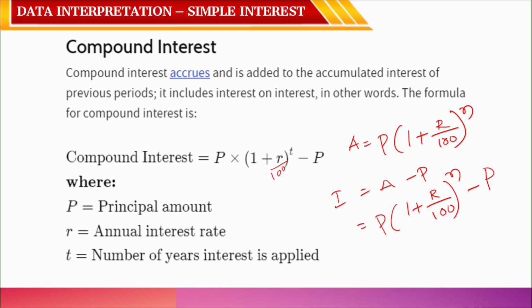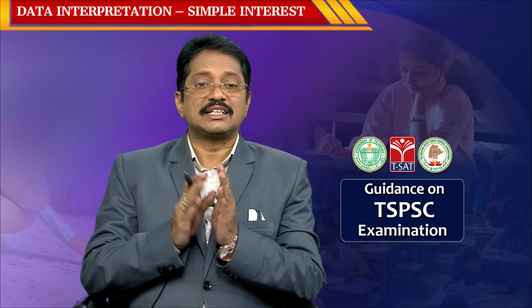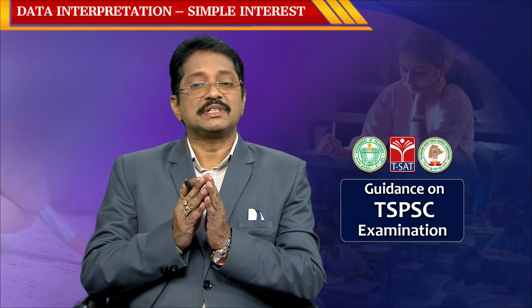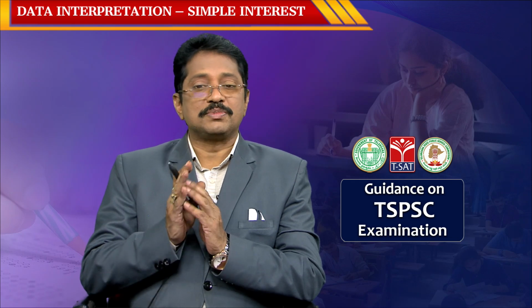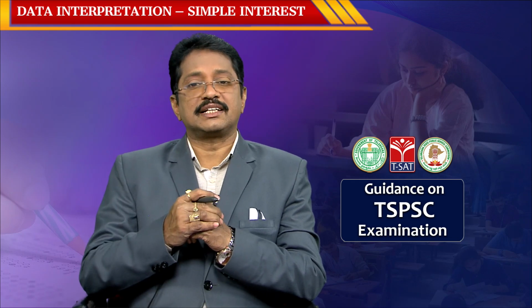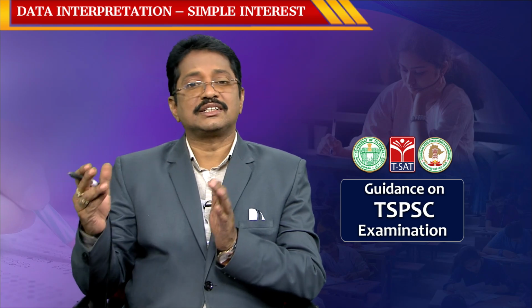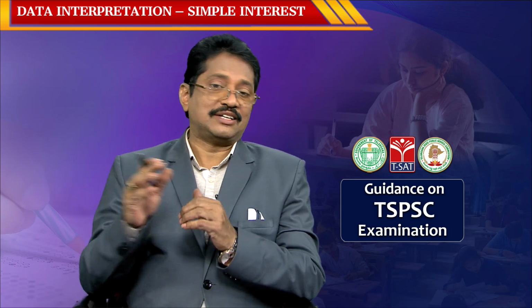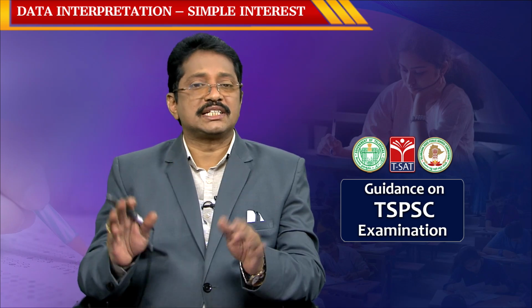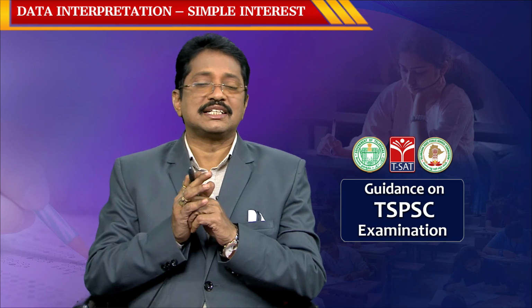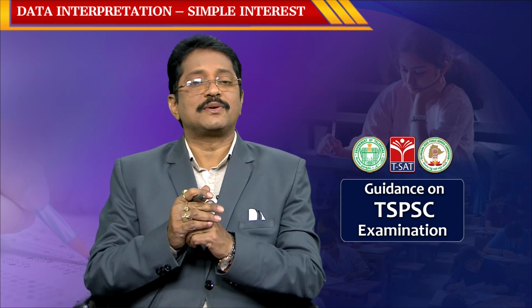As you know, for example, you have taken 100 rupees and per annum the interest is just 10 rupees. So, after 1 year you have to pay 110 rupees, correct? In simple interest, only 10 rupees is the interest, and of course, the principal amount is 100.